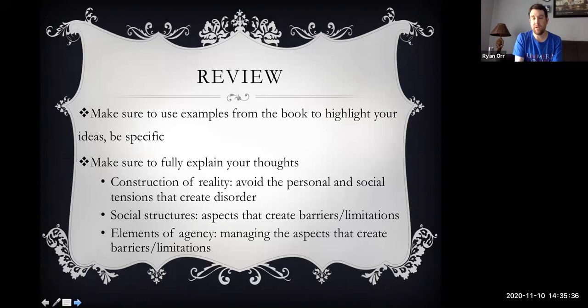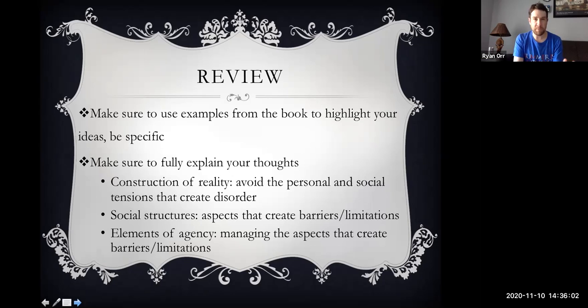I think this book lends itself very well to looking at structure and agency, because all those social forces, all the obstacles, the limitations, those all represent social structures, and how people recognize and deal with the limitations and the obstacles, there's the agency. So I think this fits the paper very well.